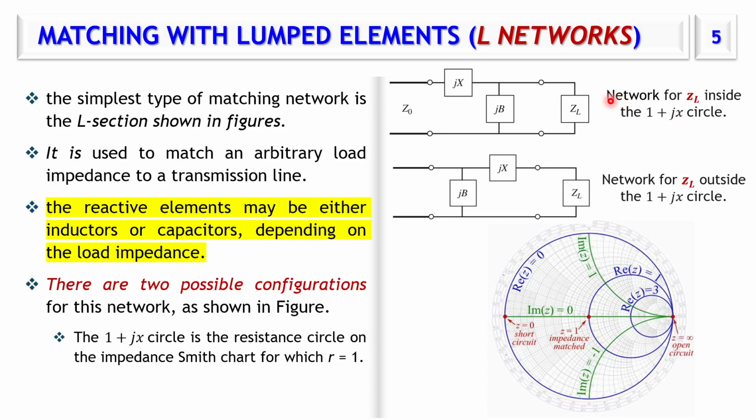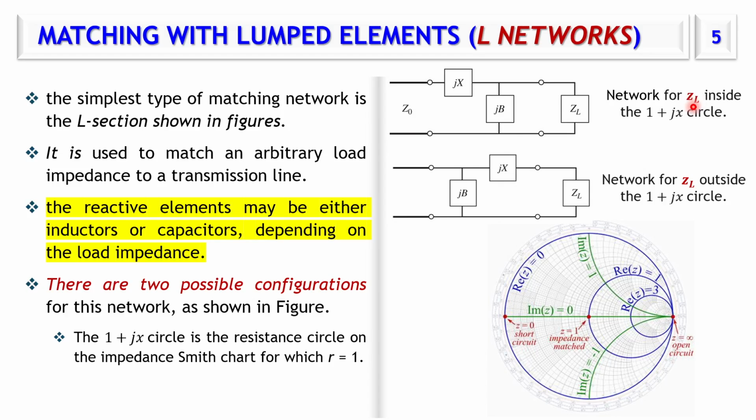The first style fits the case where ZL is inside the circle of 1 plus jX. So what is this circle of 1 plus jX on the Smith chart? It is the circle of one real part. One real part means the real part of the load equals the characteristic impedance of the transmission line, because we know that on the Smith chart the impedance is the relative impedance.